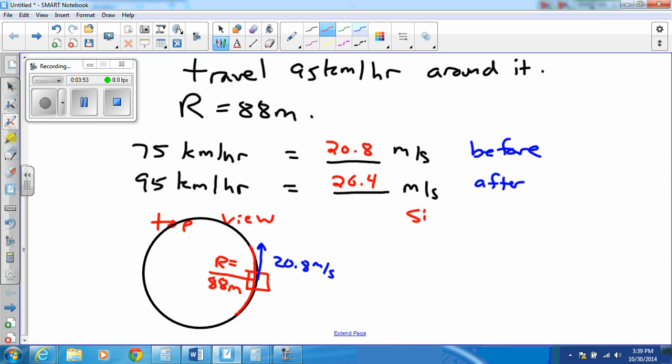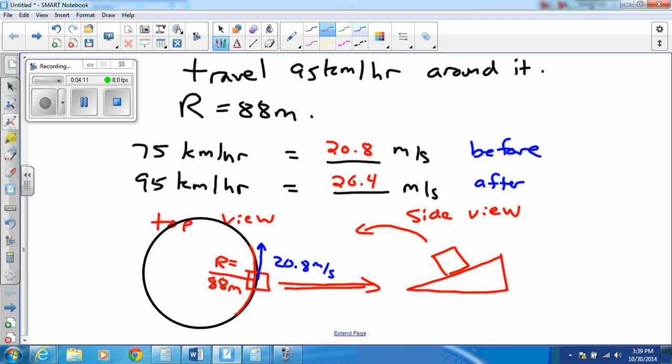Let's take now a side view so we can see what's happening. If we look at the side view, then our curve, or this portion of it, is going to look something like this. The car is going to be traveling around the circle in this way.